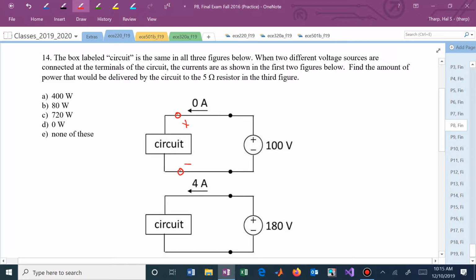It's the same 100 volts, right? There's no voltage drop here to push a current. So there's nothing happening there to force a current. There's no potential difference. And for that reason, we could say our Thevenin voltage of that circuit is 100 volts.